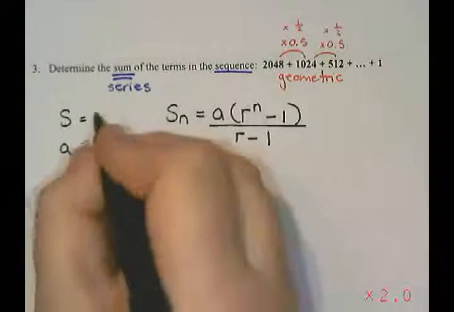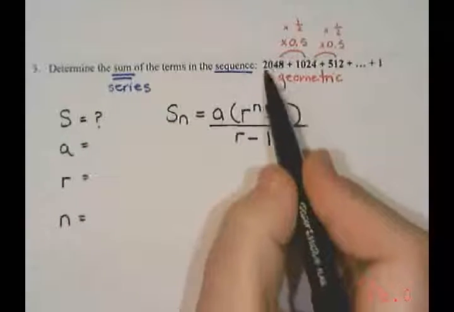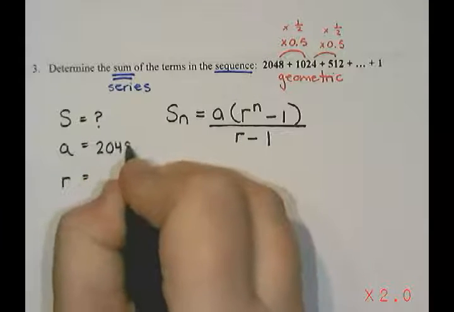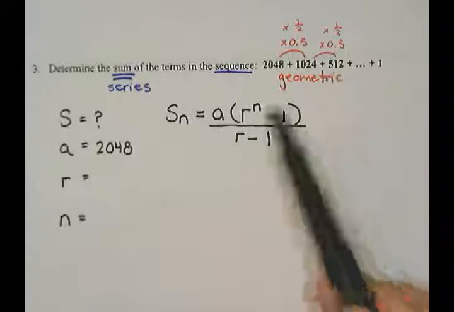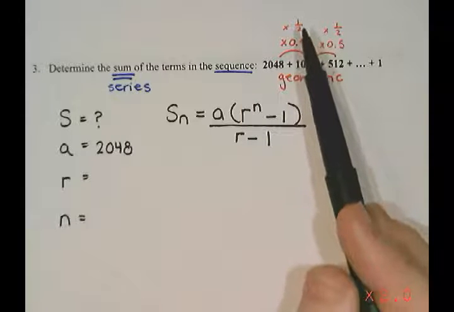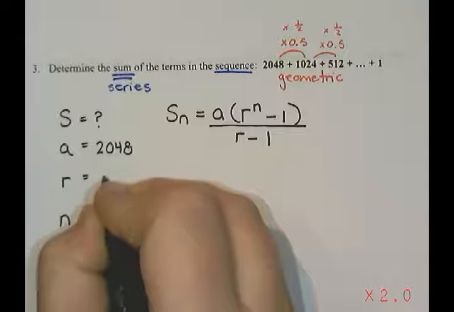No. That is actually what I want to find. Do I know the first term? Yes, it is 2048. Do I know my R? Yes, I can either use 0.5 or we could be fancy and use 1/2. I think in this case, I'm going to go with 0.5.